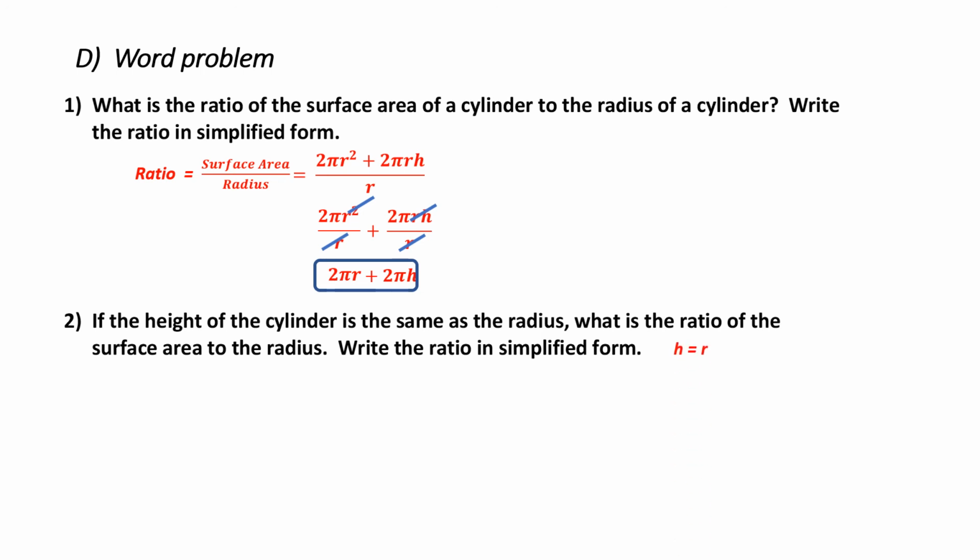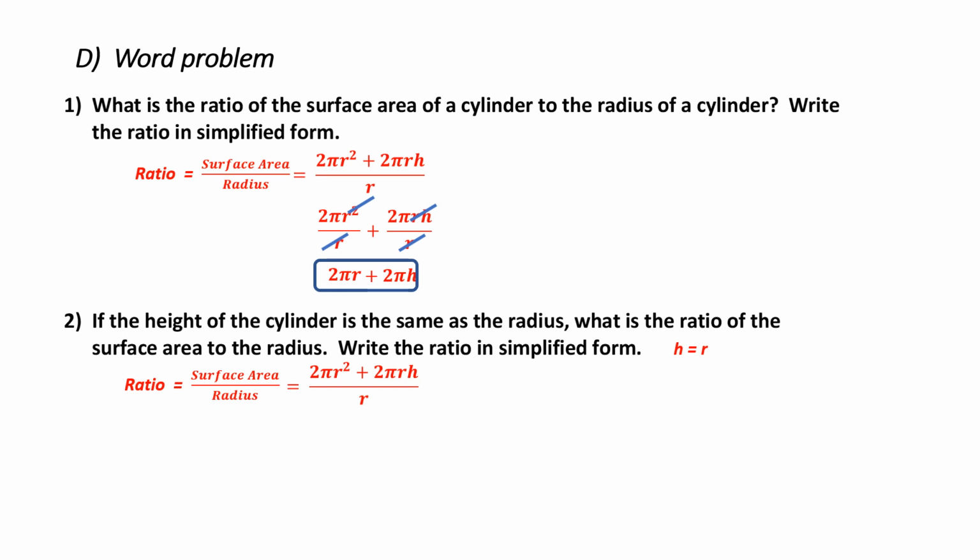What they're saying is h is equal to r. So now let's go back to our original equation. The ratio is equal to surface area divided by radius. And we know that surface area is 2 pi r squared plus 2 pi r h. However, the new clue is that h is equal to r.